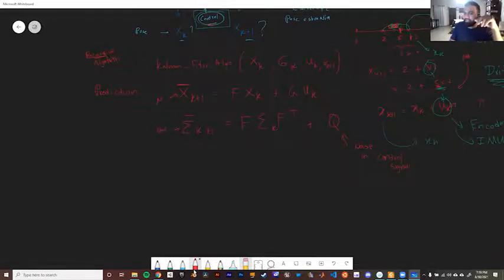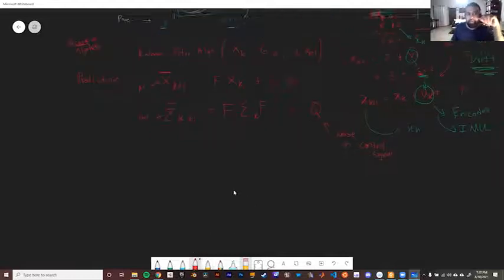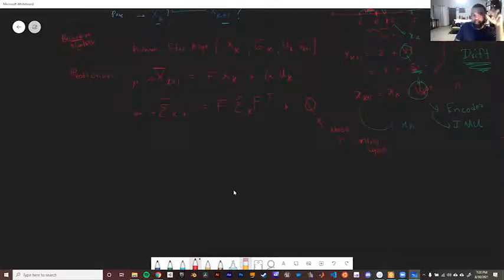And then in the second stage, I will use a full multivariate example. So this is the prediction step. And then what happens after the prediction step is now we are predicting how it's going to move forward. Now we need to take into account the observation. So after the prediction step, we have what we call the update step.